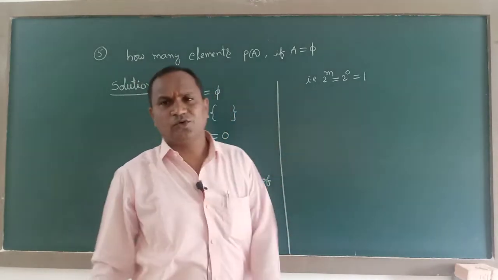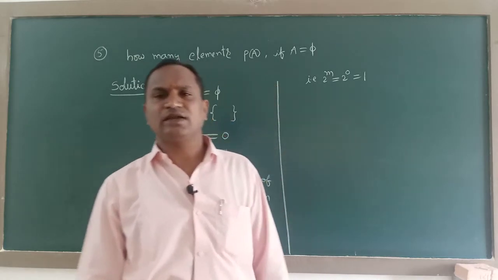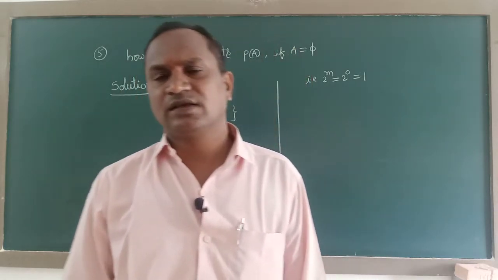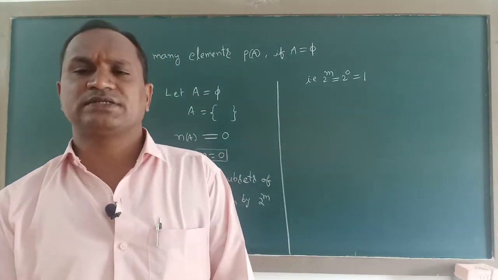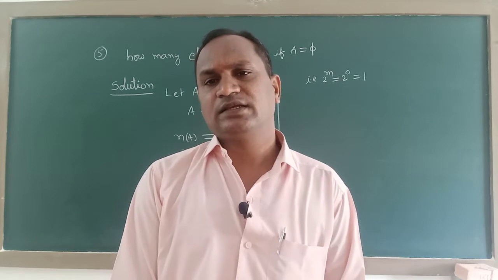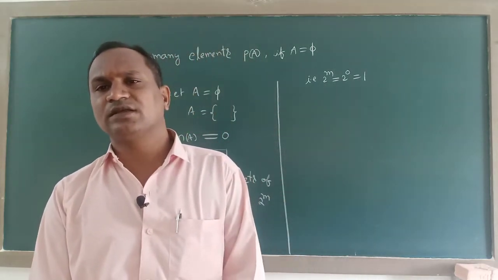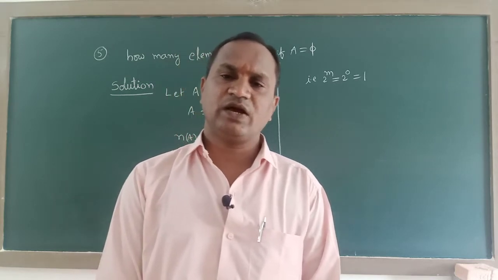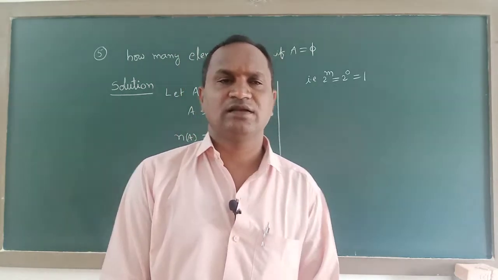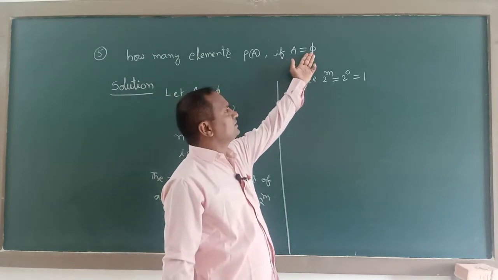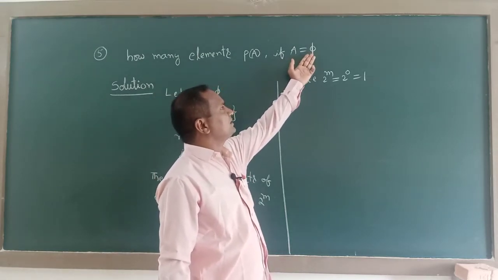Before this I also told you that in the case of the null set, we get the same subset, by applying some important conditions of subsets: every set is a subset of itself, and the null set is a subset of every set. They gave the null set. The null set is a subset of every set and every set is a subset of itself.